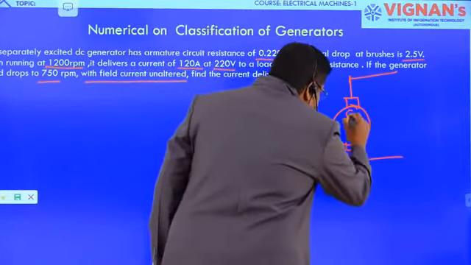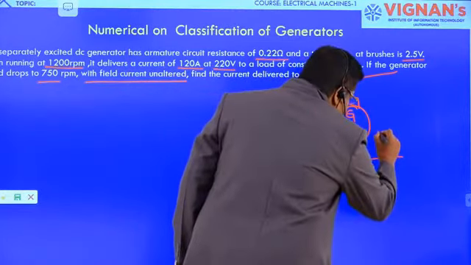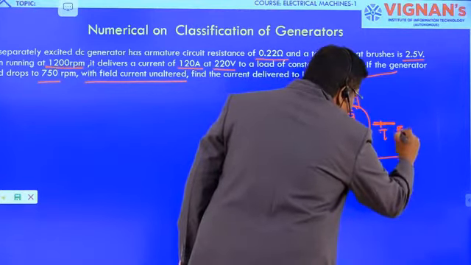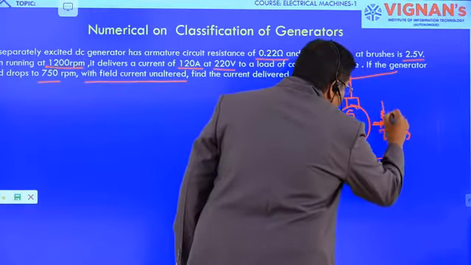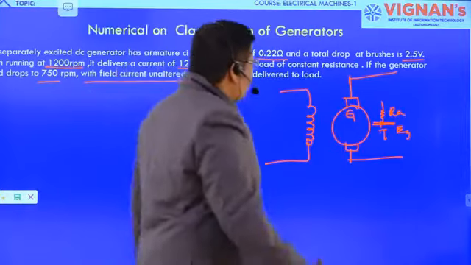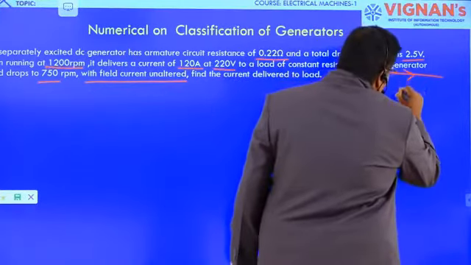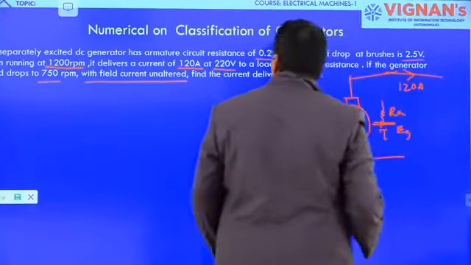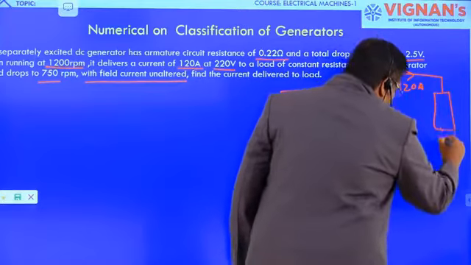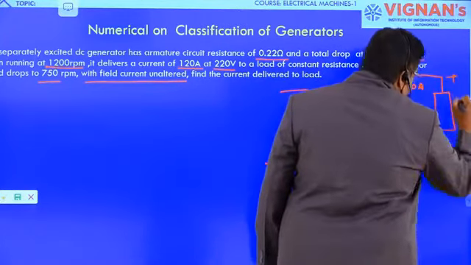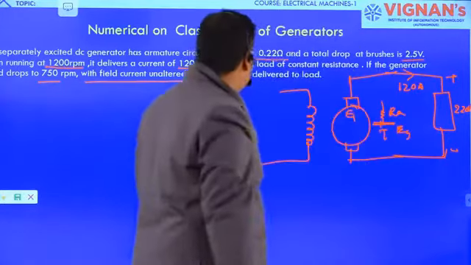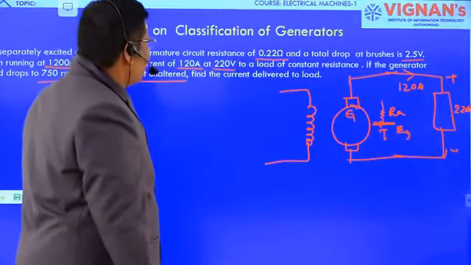So this is the generator. Inside, the armature is in series with RA. It is supplying a current of 120 amperes at a voltage of 220 volts to a load of constant resistance.